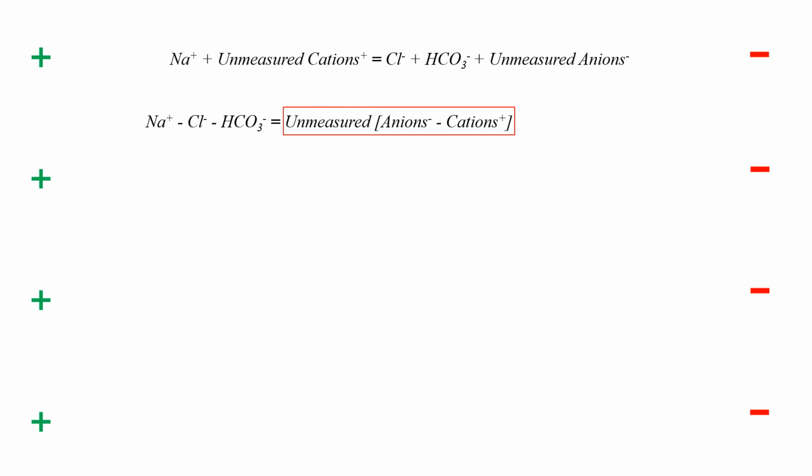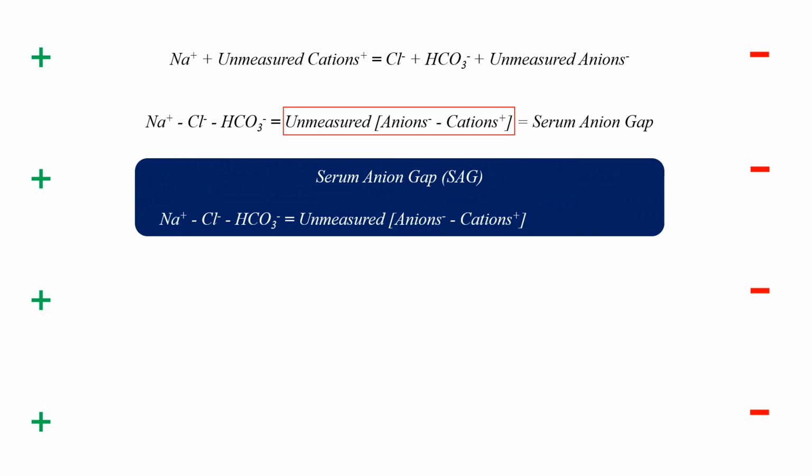The quantity sodium minus chloride minus bicarbonate gives us an estimate of the unmeasured difference between anions and cations. We define this quantity as serum anion gap, where serum anion gap can be calculated as serum sodium minus serum chloride minus serum bicarbonate.